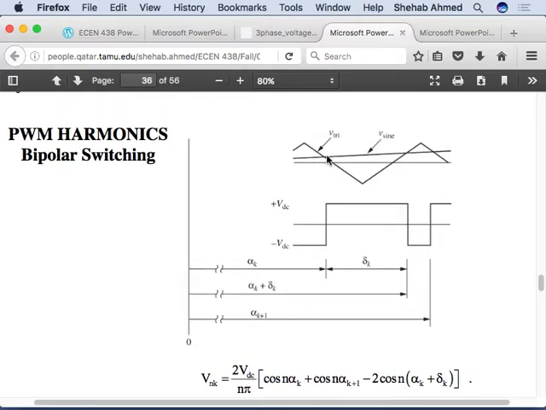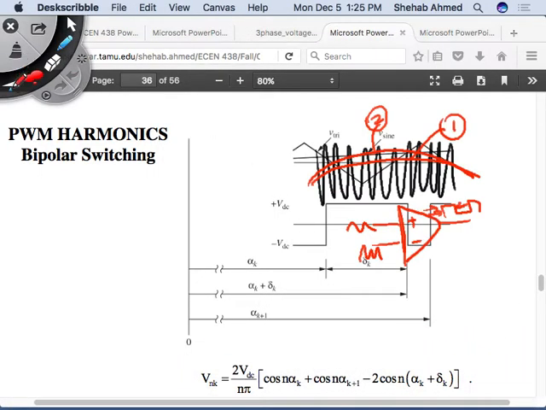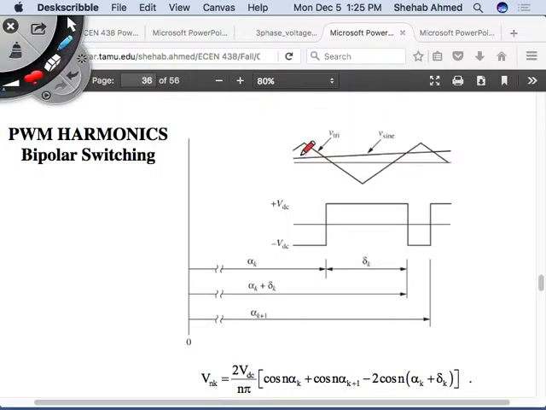If this is my sine wave here, and I bring this sine up, it will change the intersection, right? The intersection will be now here, here, and here.